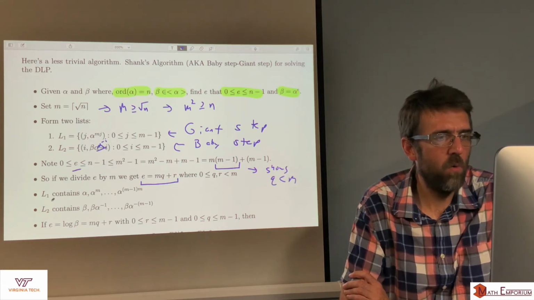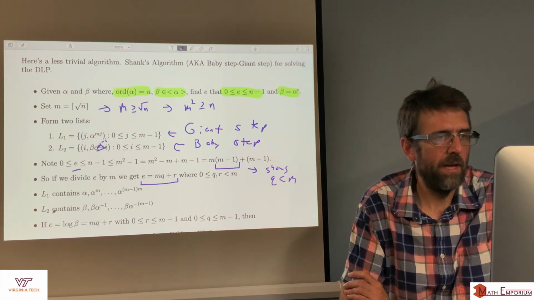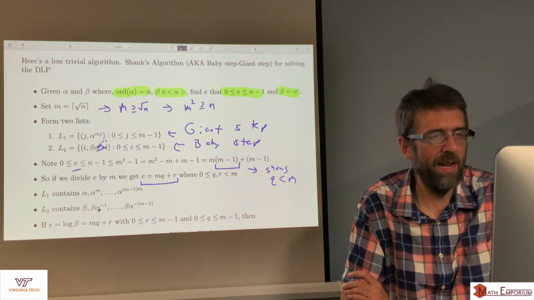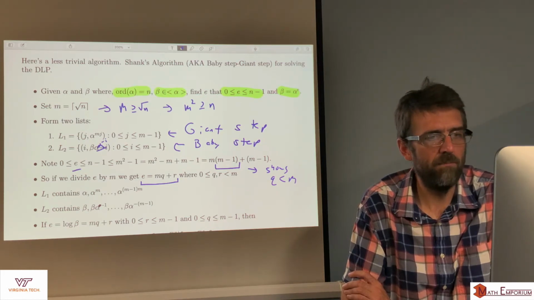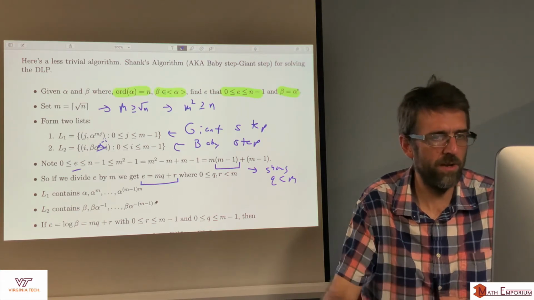All right, but L1 contains all powers of alpha in steps of m, and L2 contains all things of the form beta times alpha to the minus a power going from 0 up to m minus 1.